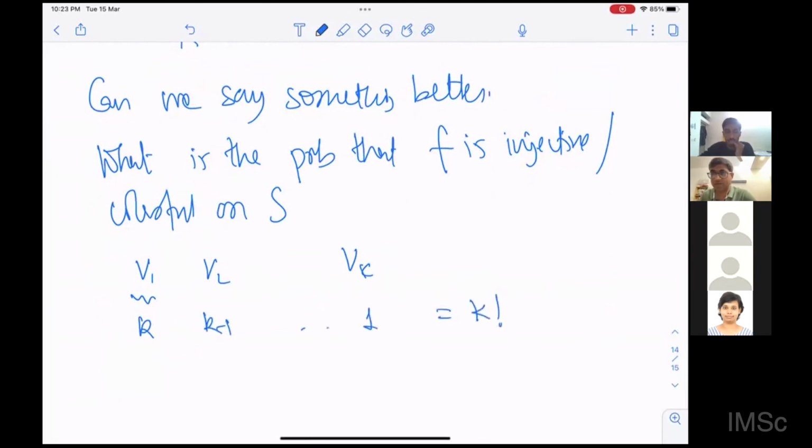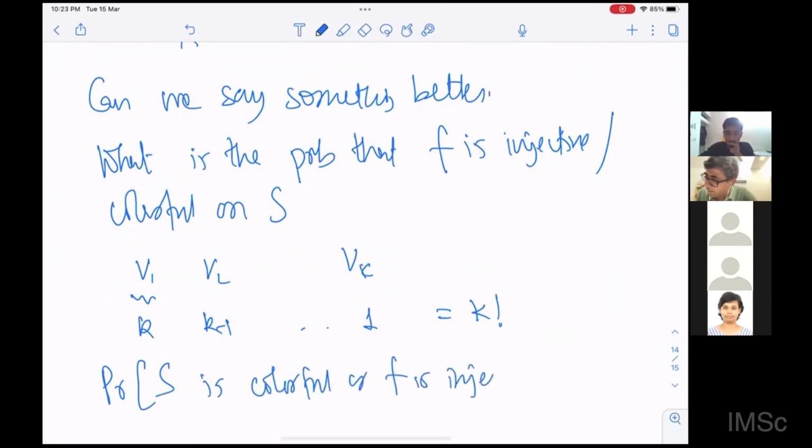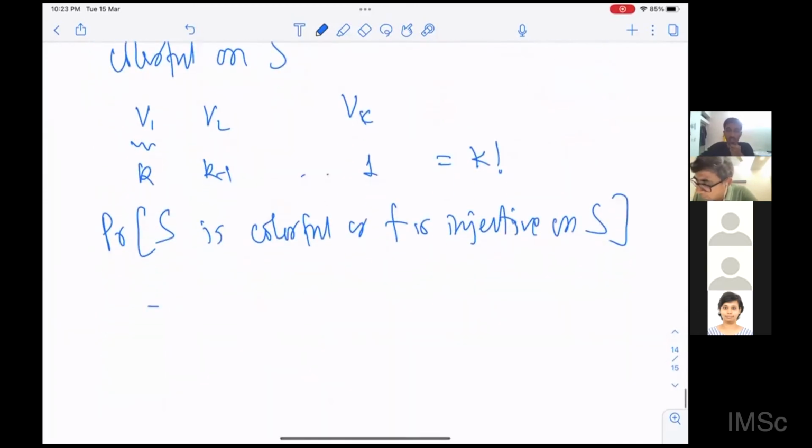So what is the probability that S is colorful, or f is injective on S? What is the probability of this? Now please tell me. k factorial upon k to the power k. Of course. Those who are fine with this computation, can you put +1? Or I will do a bit more.